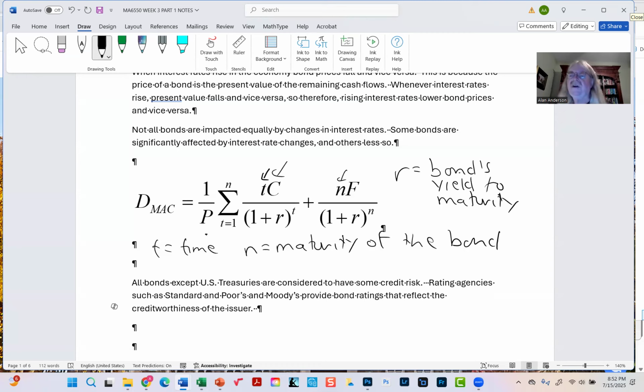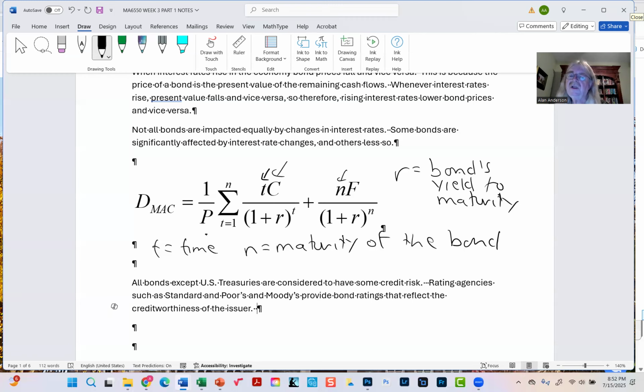Now, obviously a corporation can go out of business. No company lasts forever. So, you have to be aware that there's always going to be a bit of risk. There are AAA companies rated by Standard & Poor's that no longer exist. So nothing's guaranteed. So what you need to be able to do is look at those credit ratings and make up your mind if you are able to justify taking on that much risk.